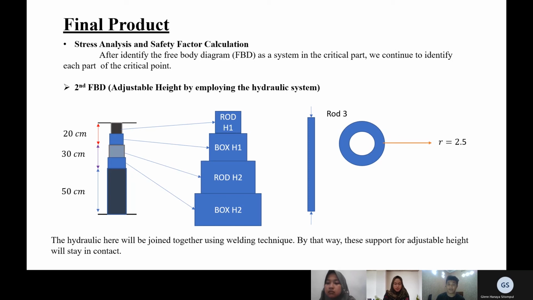Hydraulic 1 has a smaller allowable pressure than hydraulic 2. And also for the static height, we have the rotary. This static height is used because the hydraulic does not have a satisfying height, so we use the static height here. Next will be explained by Layli again.